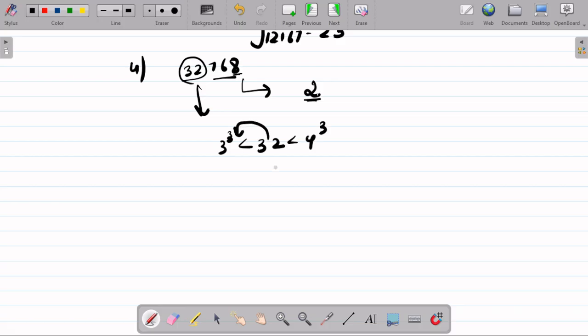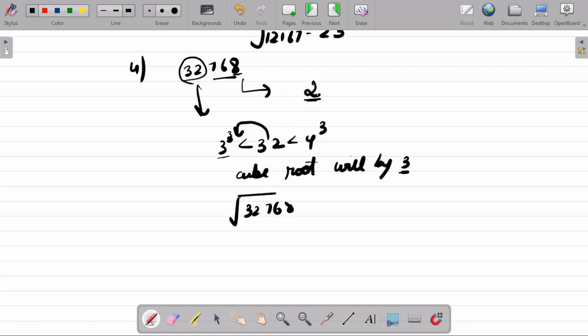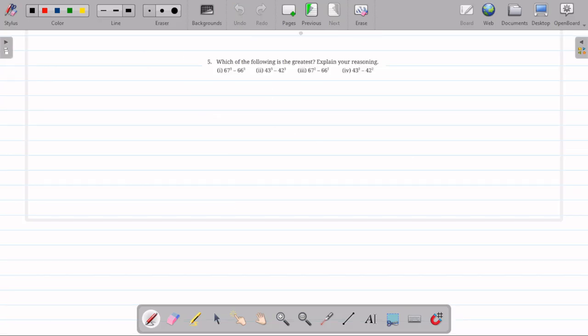Taking the lower limit, the cube root of 3 cube will be 3. So this will be our tens place. So the cube root of 32768 will be 32. These are some formulas, or you can say a method, without using prime factorization.